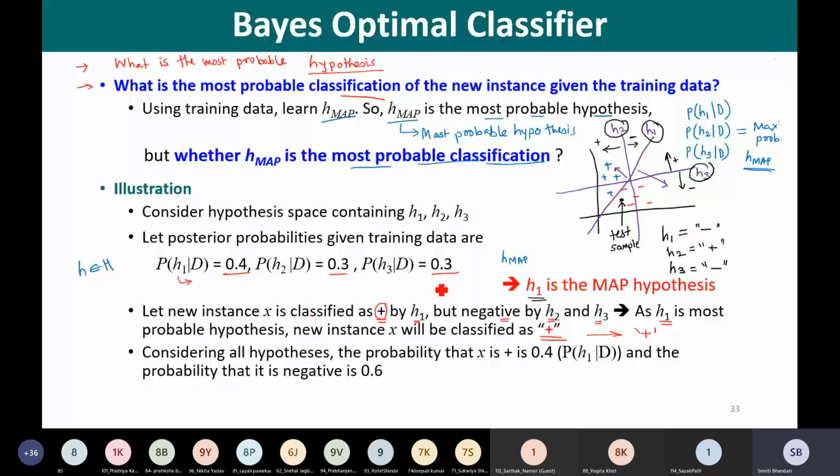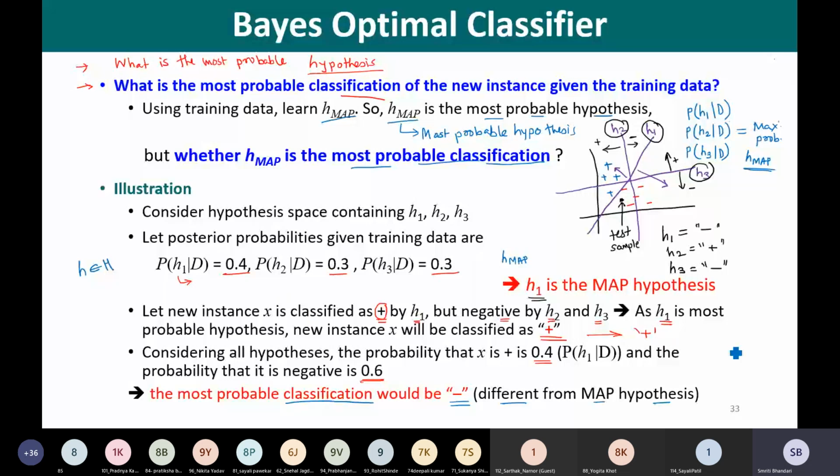So instead of finding out only the most probable hypothesis, we are trying to find out the most probable classification considering all the hypotheses that we are having. Now, whatever we discussed so far, we would like to formulate it properly.